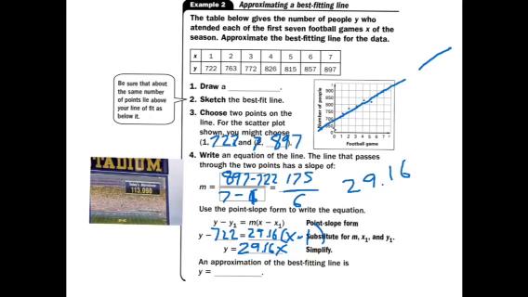And at 0 games, meaning my y-intercept right over here, I should have been somewhere around, I don't know, 692, somewhere in there. So let's call it 692. And that looks about right. 692 is a good approximation.